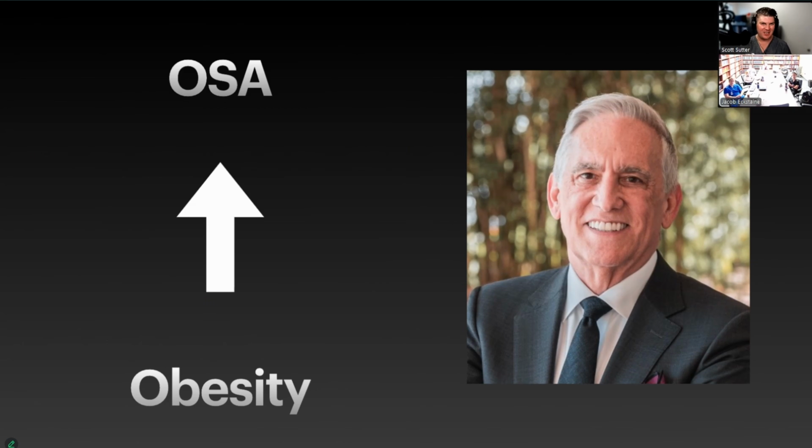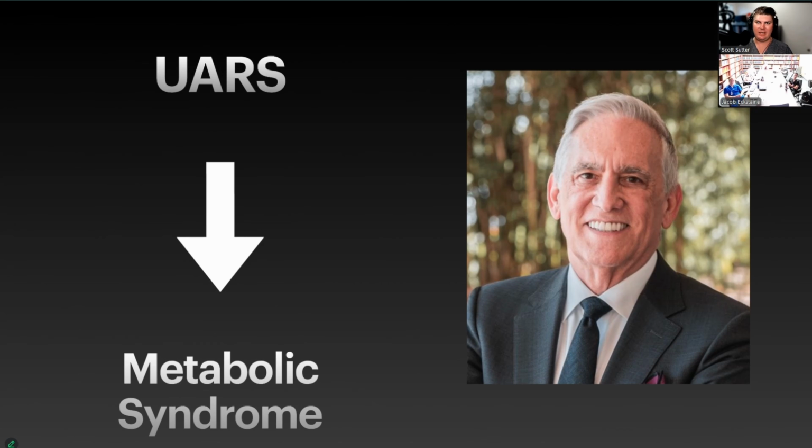But what everyone has thought is that if you are fat, you then have sleep apnea. What it's more likely actually going to be is that sleep apnea causes the obesity. And even more than that, if you start to have difficulty breathing properly, this is where you're going to get all these issues.